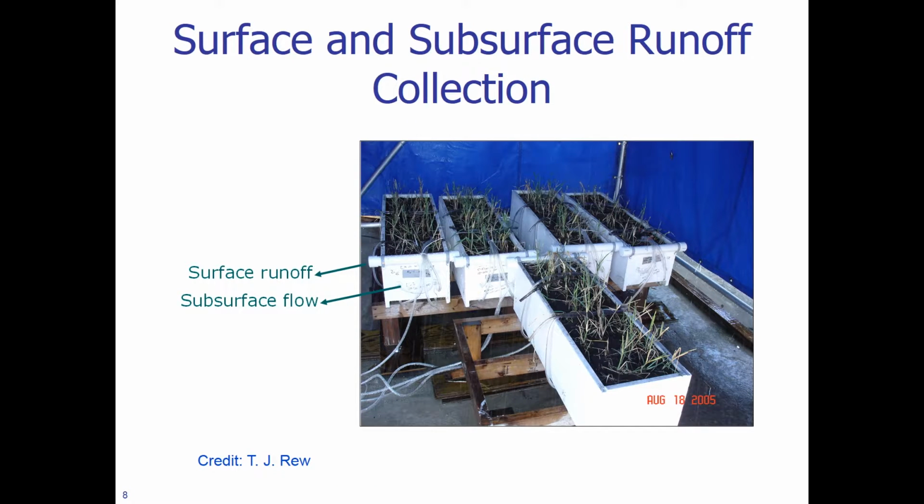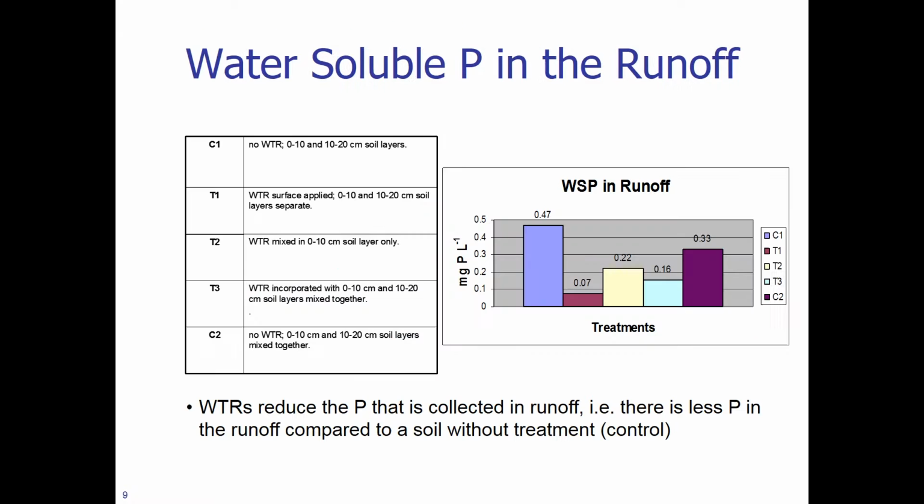Here is an example of how the whole setup looks. You have surface runoff, subsurface flow, and some forages or grasses that are grown too. So this is the setup of the rainfall simulation with different amounts of WTR.